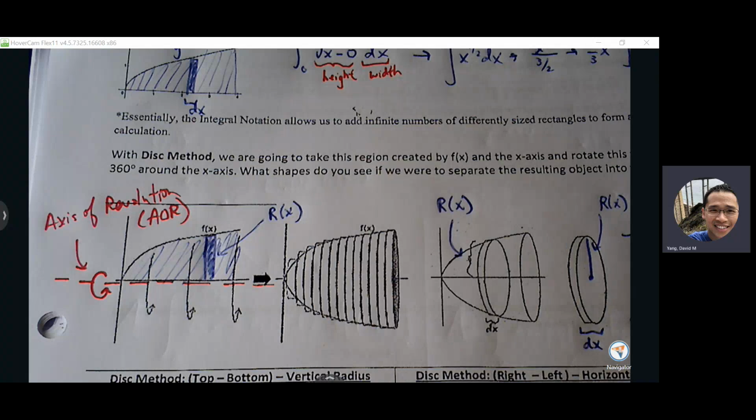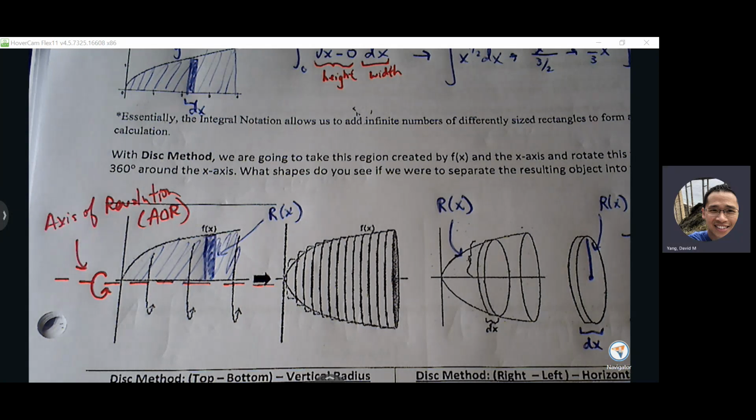Okay, so let's go ahead and do this problem below. There's something else I do want to point out here. Look at this shaded region and look at the axis of revolution. Do you see any gaps between the shaded region and the axis of revolution?